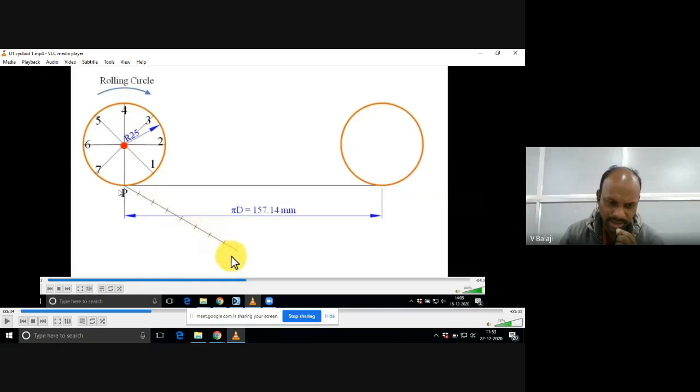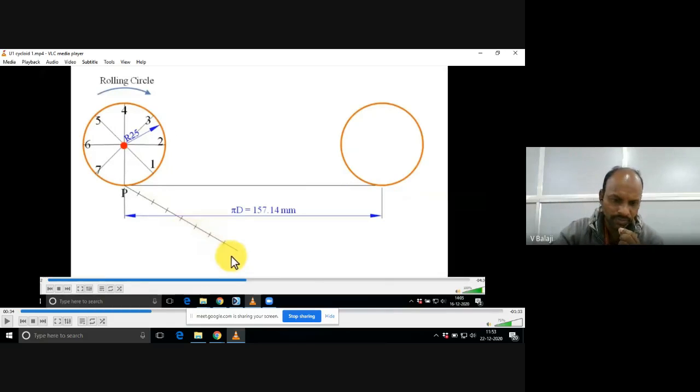This is the starting point we are focusing on. Imagine this point P is fixed to the circle, not fixed to the ground. Initially it is the common point for the ground as well as the wheel. Now it starts rolling in the clockwise direction.